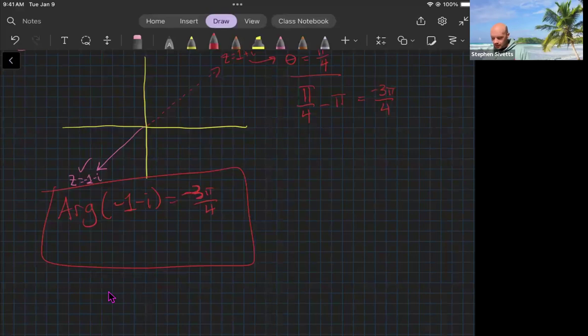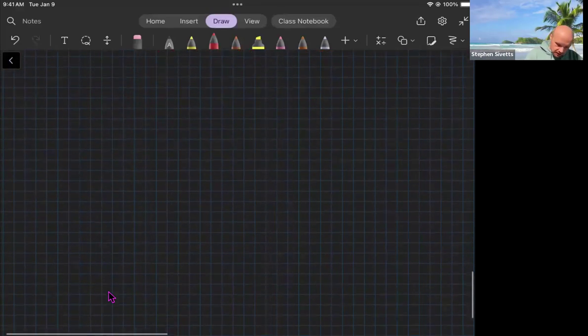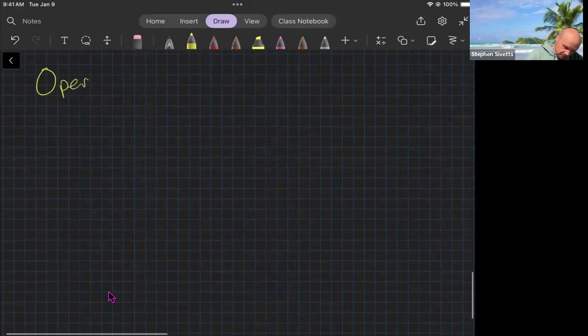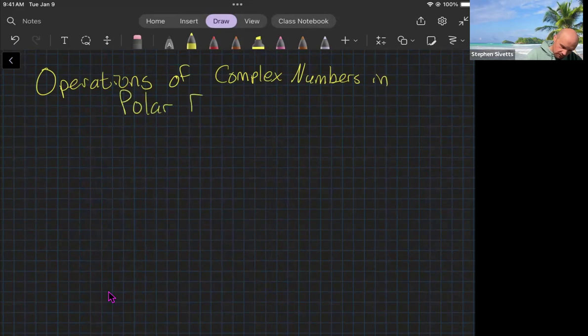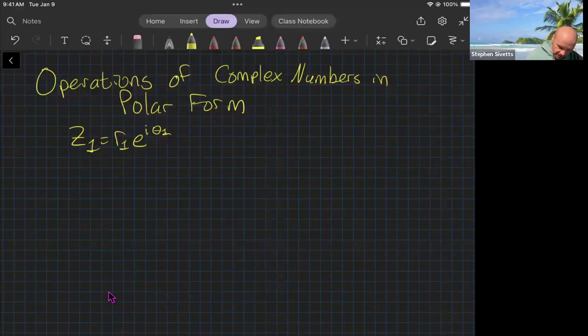Okay. So there's also different operations of complex numbers in polar form, right? So if I have two polar equations of complex numbers Z1 and Z2 written out like these, R1 e to the I theta 1 and R2 e to the I theta 2, right?